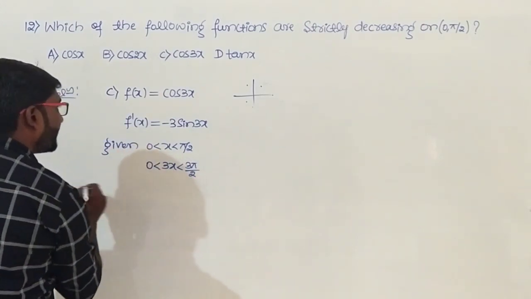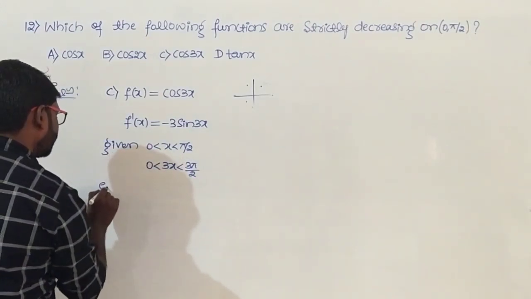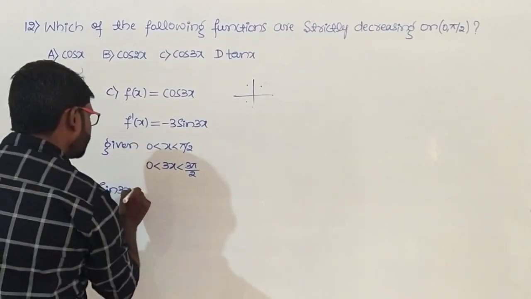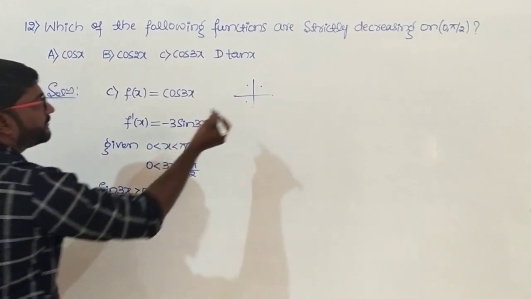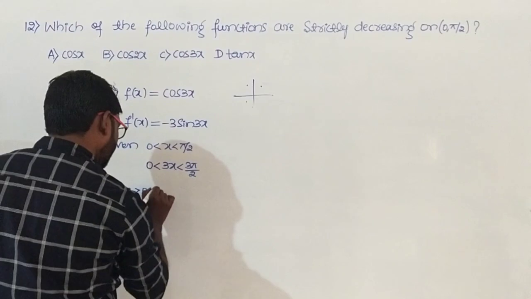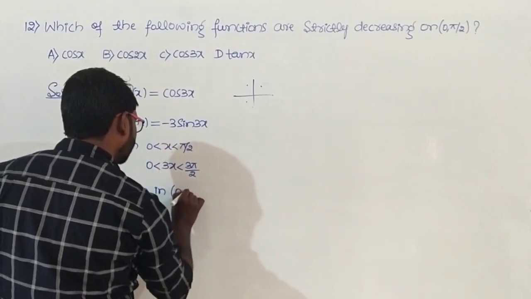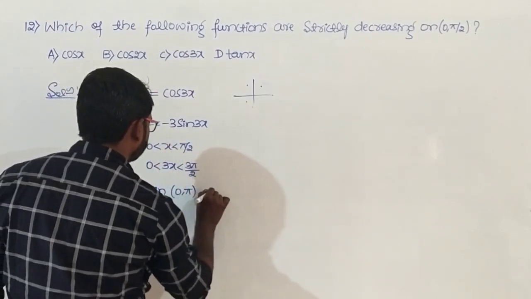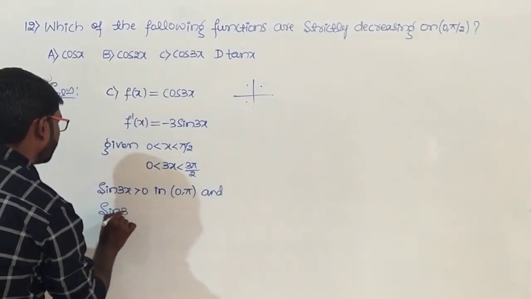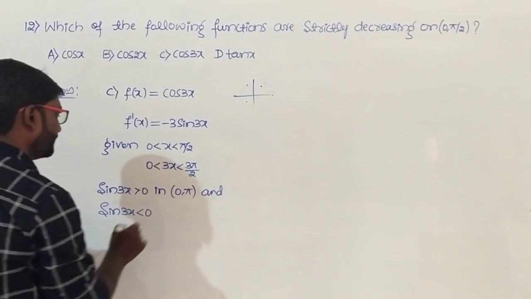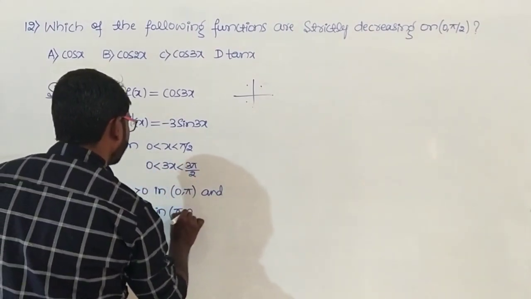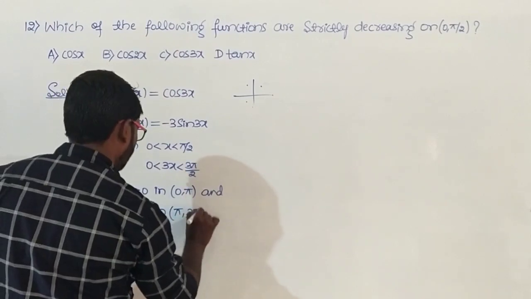Here we will have to write sine 3x is greater than 0 for which interval? 0 to pi, in the open interval 0 comma pi, and sine 3x is less than 0 in pi comma 3 pi by 2.